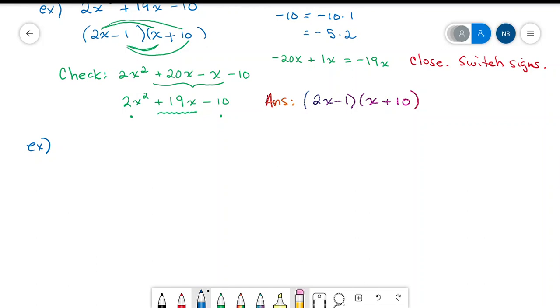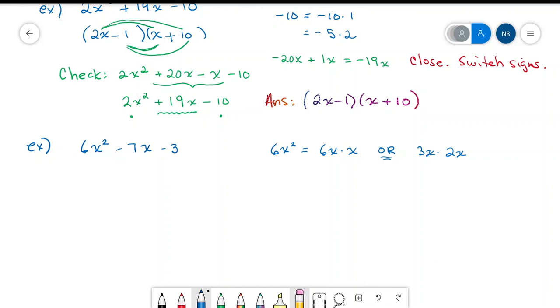But what if A is not prime? Let's factor 6x squared minus 7x minus 3. 6x squared, our first term, can be factored into either 6x times x or 3x times 2x.